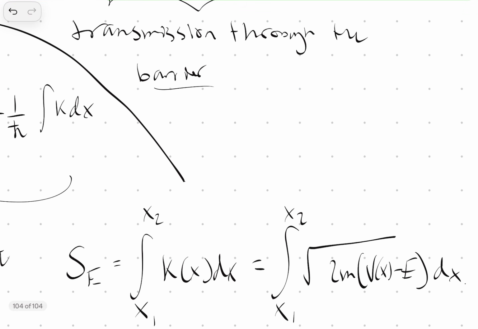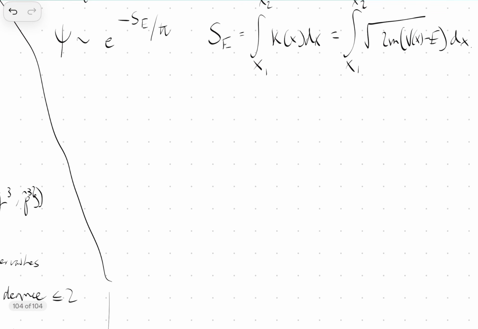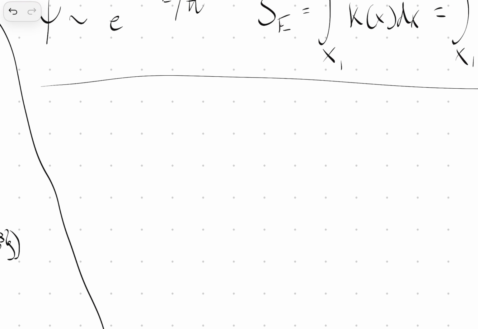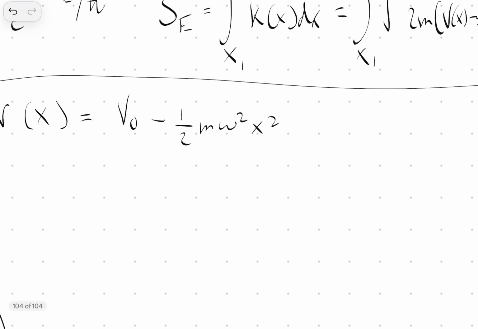All right. Now, what we can do is actually take the potential to be this kind of inverted parabolic type of barrier, or in other words, a simple harmonic oscillator potential.